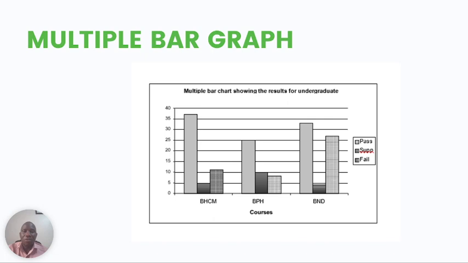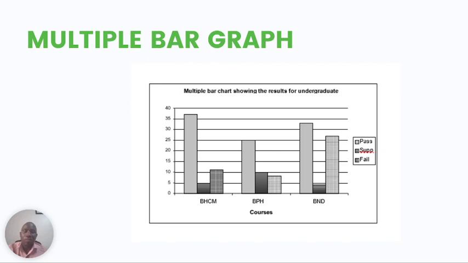You can have a multiple bar chart, for example, if you are looking at subcategories. So, for example, if you have a group of students undertaking a particular course, and then for those students, maybe after doing an exam, you have those who will pass, those who will fail, and those who may be due for supplementary.